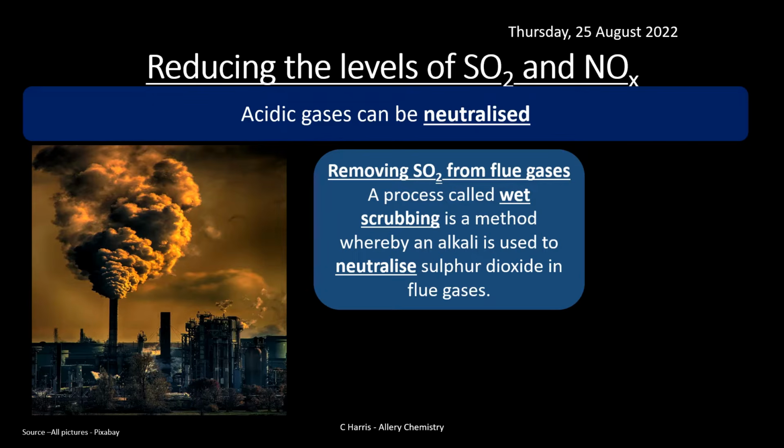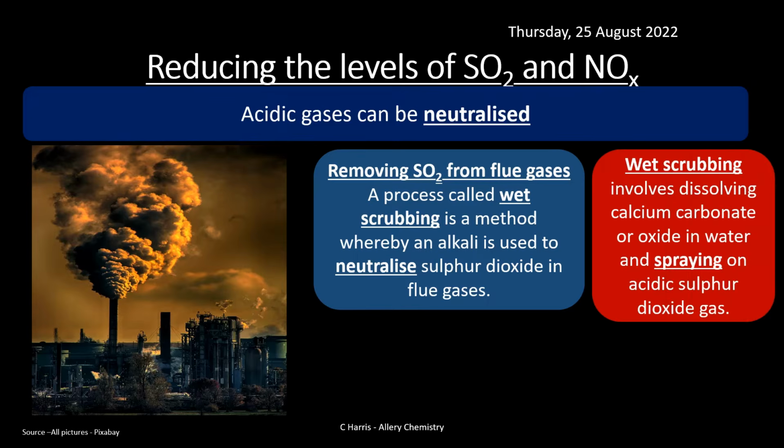It's where you have your acidic gases going through, say, a flue, for example a chimney, and then you fire an alkali at the acidic gases, and that's designed to neutralize some like sulfur dioxide and your oxides of nitrogen as well.